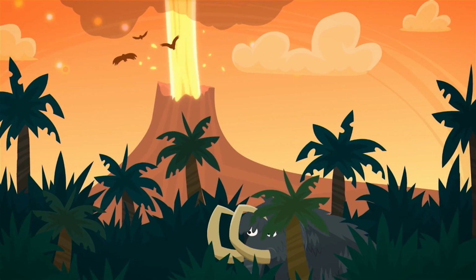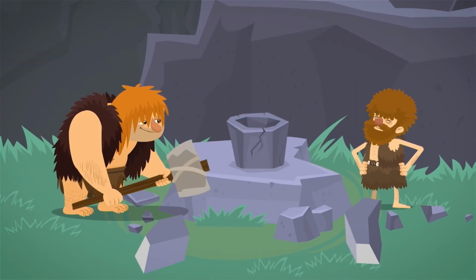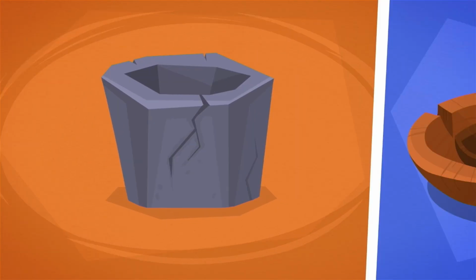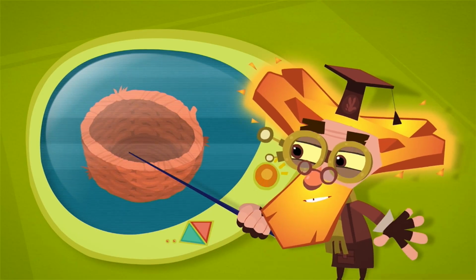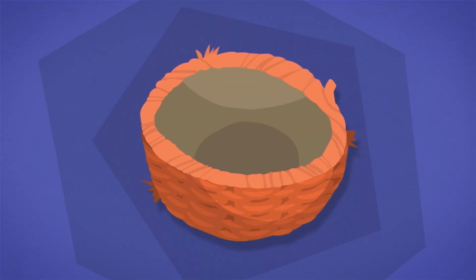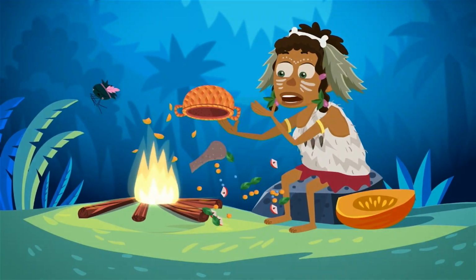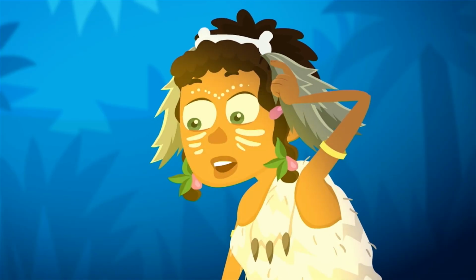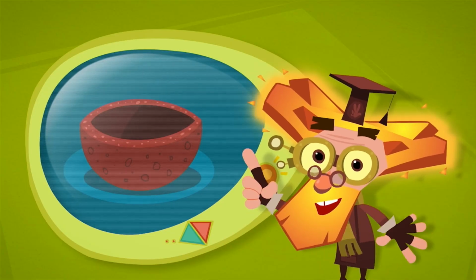The earliest kitchenware appeared about 7,000 years ago. Early people made these containers from stone or wood. Another kind of container for holding food was woven baskets. The baskets would be lined with clay for durability. Once, one of these baskets fell into a bonfire, and lo and behold, the wood on the outside burned away, while the clay was now hard as a rock.